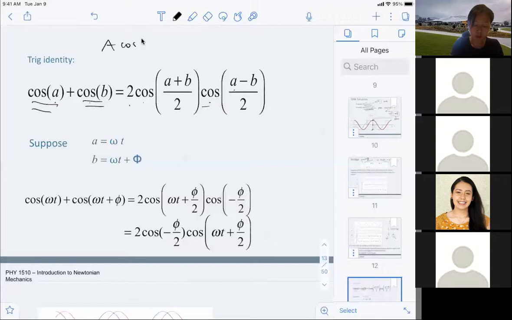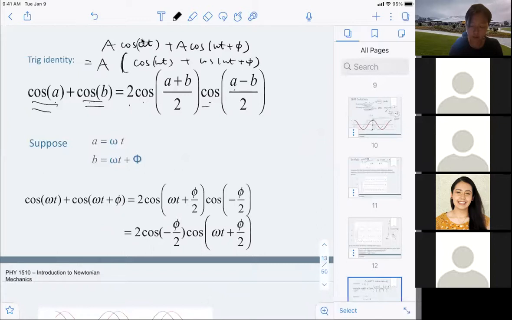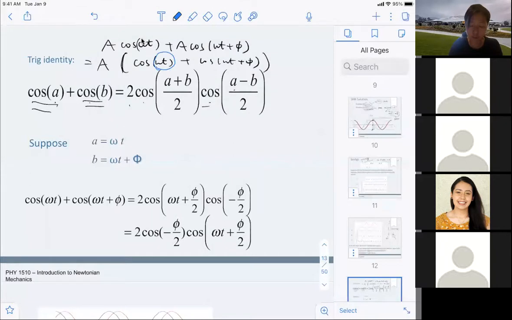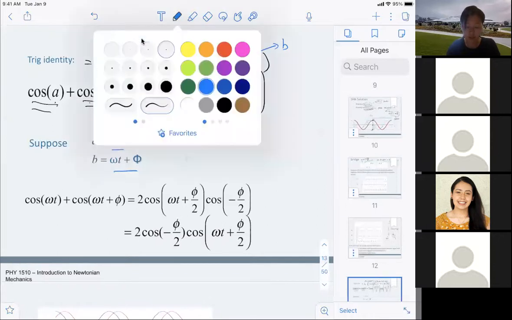I'm trying to solve A cosine omega t plus A cosine omega t plus phi. Now A is the same, so this is A times cosine omega t plus cosine omega t plus phi. To use this identity, I'm going to treat this as my A and this as my B. Simply plug into the identity and you can get the result.